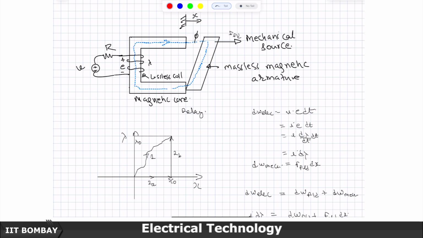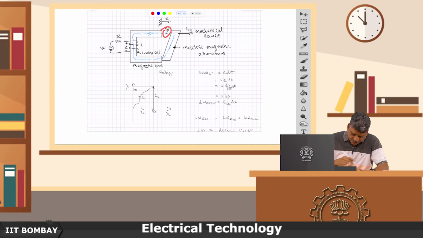Because actually the force is the other way around, we will see that it comes with a minus sign, and that's a subsequent part of it. But the energy that you put in and the work that gets done, the difference of that is the increase or change in the stored energy in the magnetic system. So, this is our fundamental principle.